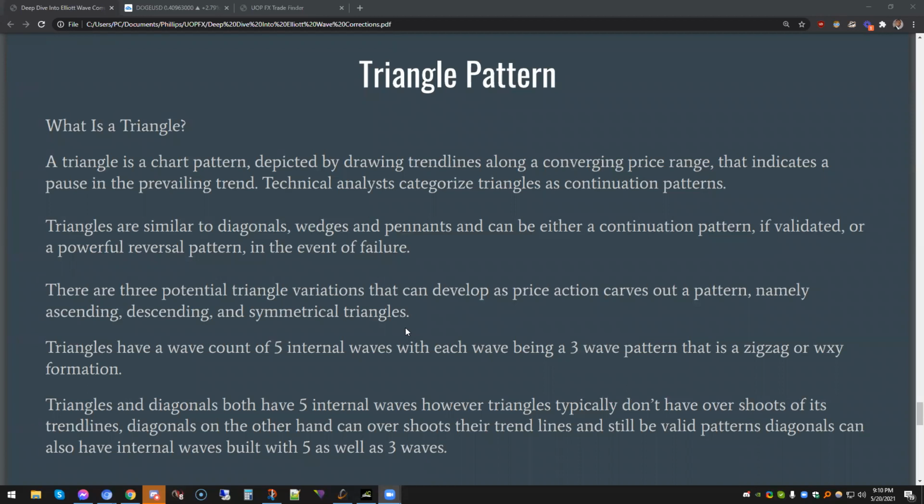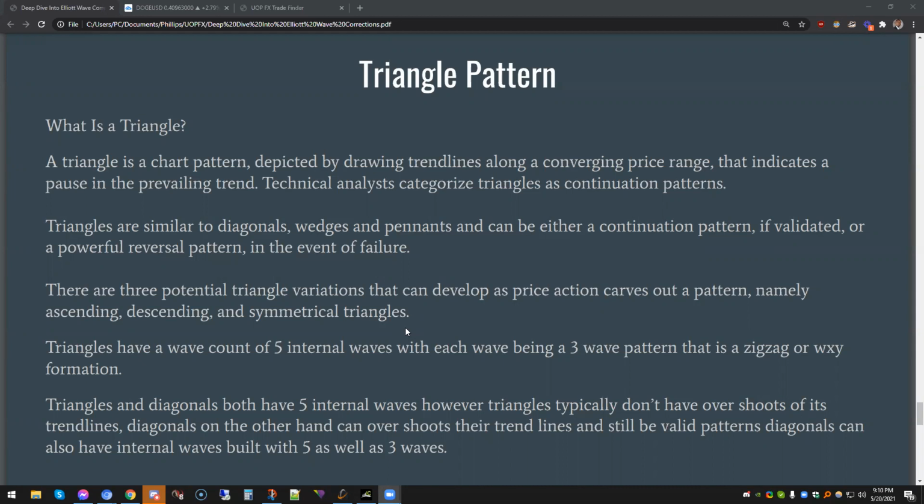With diagonals, we can have expanding diagonals and contracting diagonals. The contracting diagonals look more like a regular triangle. We also have situations where diagonals may be considered expanding triangles as well. So various traders call them by different names. The usual triangles that we look at are what would be considered perfect triangles.